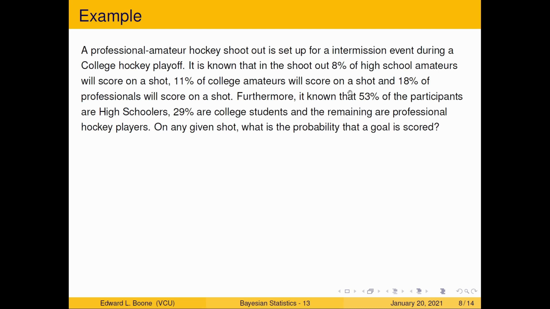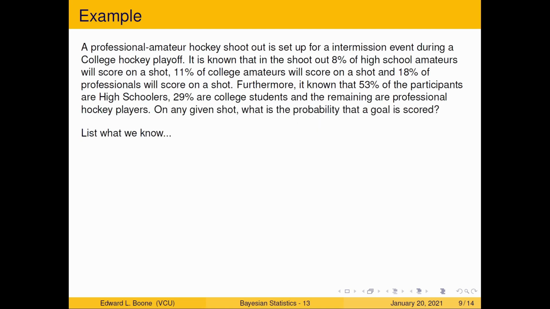Furthermore, it's known that 53% of the participants are going to be high schoolers, 29% are college students, and the remaining are professional hockey players, right? It's no fun if the professionals don't go out and sort of screw up and make fun of themselves. So what we want to know is, on any given shot, regardless of who's shooting it, what is the probability that a goal is scored? We're just randomly picking a shot and seeing whether a goal is scored.